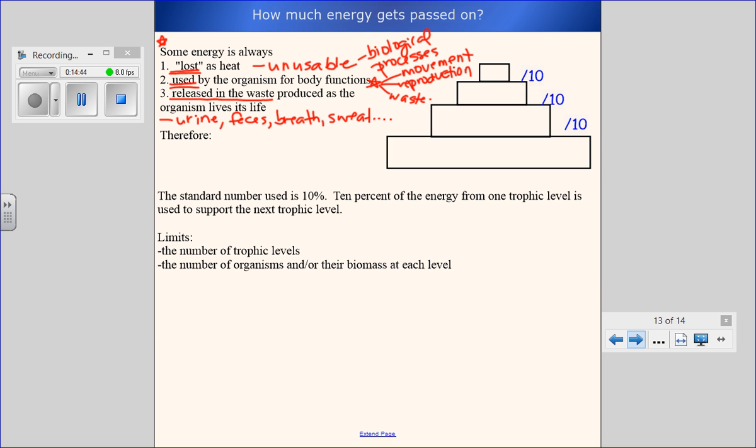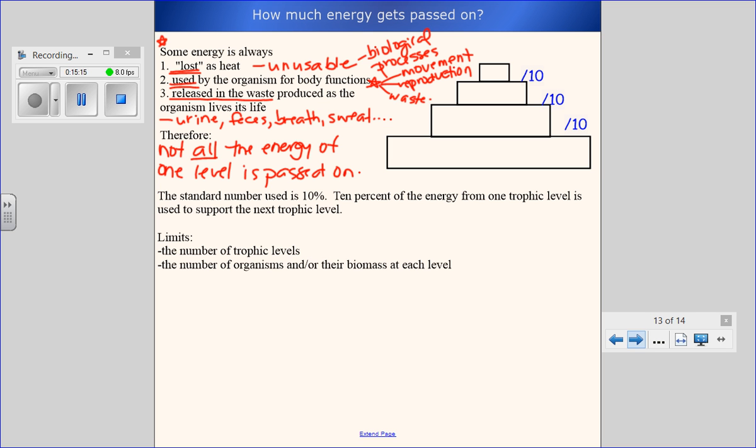These are all examples we've seen in the chapter on excretion, on digestion, on respiration, where we're producing waste. And some energy is always leaving with waste. Therefore, because of all of those things, not all the energy of one level is passed on to the next.